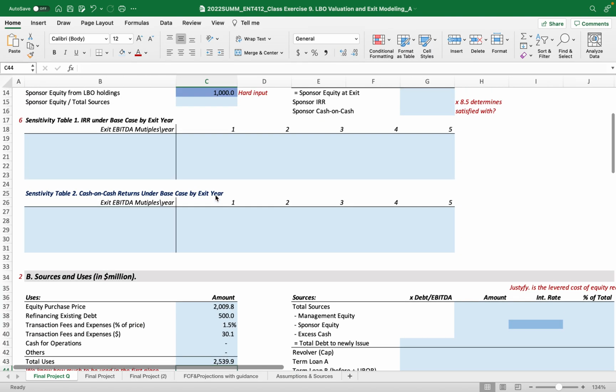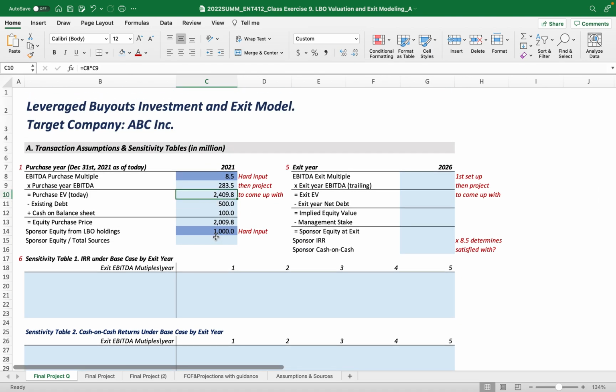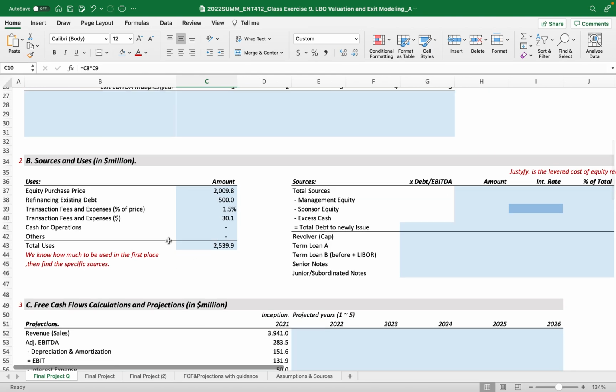It is a little bit more than before because of transaction fees, all the money added back. And this $500 million of refinancing existing debt means we repaid the existing debt and replaced it with new debt financing, right? So we have to use at least $2.5 billion.